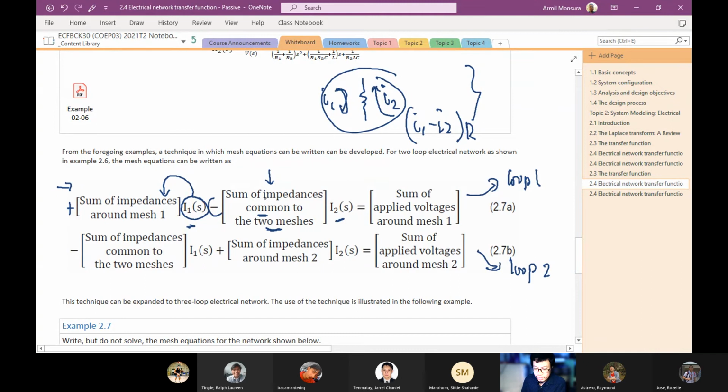Okay, and all of those common impedances should carry a negative sign. So ang positive lang dito ay yung impedances na exclusive lang na I1 ang dumadaan. Okay? Is that clear?